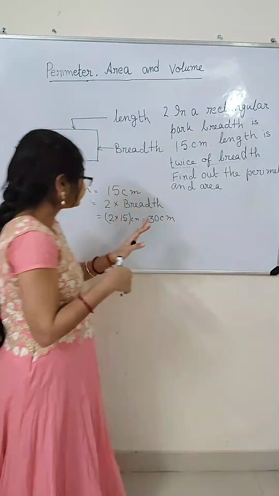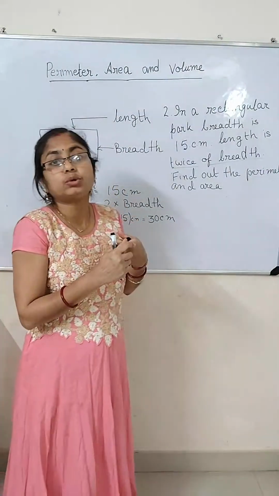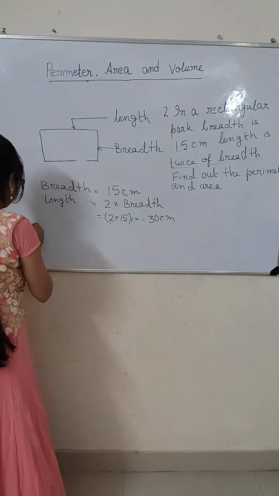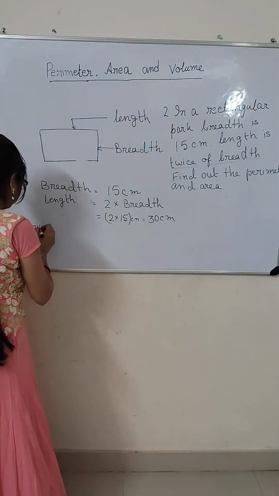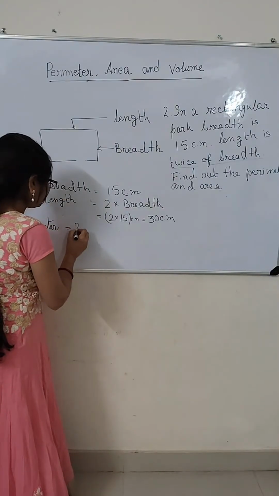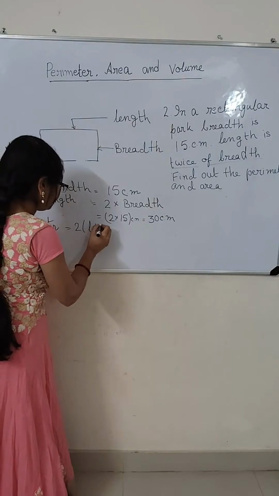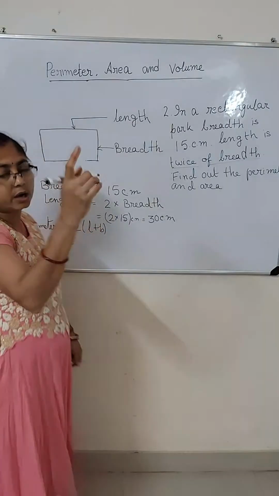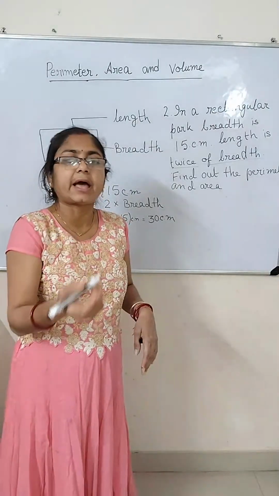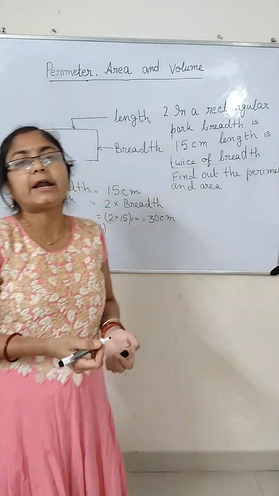Okay. Now I come to the formula, perimeter formula: 2 into L plus B. Now I give 1 minute. You please put the values, write the answer and write the answer in the chat box.